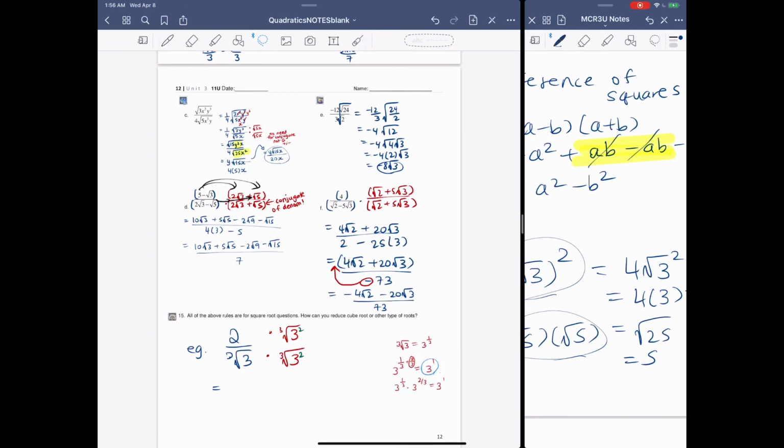Okay, so next, on the bottom I showed that part is going to equal a nice 3. Next, I need to do 2 times cube root of 3 squared.